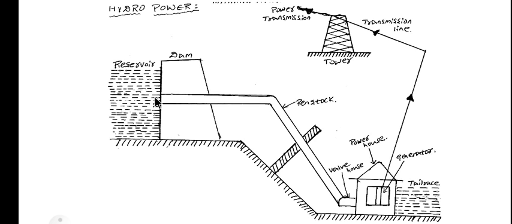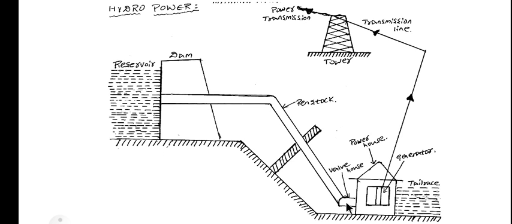The water from the reservoir is made to flow through the large pipes, called penstock, and enters the nozzle of the water turbine or hydraulic turbine, where the potential energy is converted into kinetic energy. Once the water enters the nozzle, the entire potential energy is converted into kinetic energy. Potential energy is nothing but stored energy.